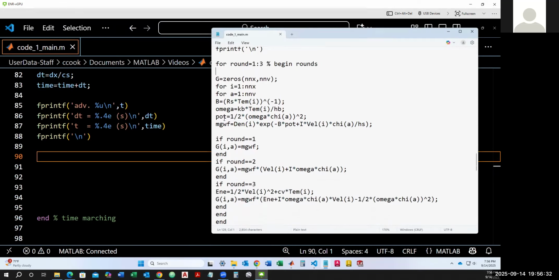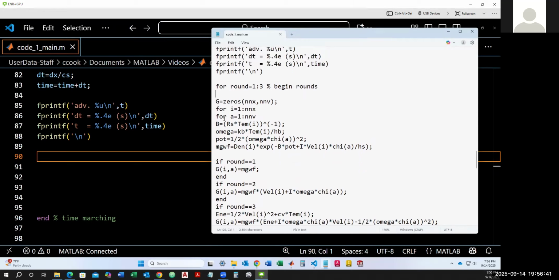So I'm going to call my moment generating wave function capital G and my velocity distribution capital F. We're going to evolve, right? So we have a velocity distribution for the mass density, a velocity distribution for the momentum density, and a velocity distribution for the total energy density. So we're going to have 3 velocity distributions in this 1D code.